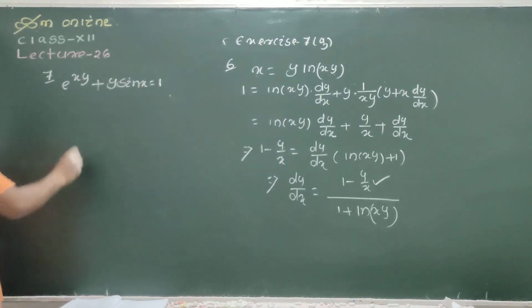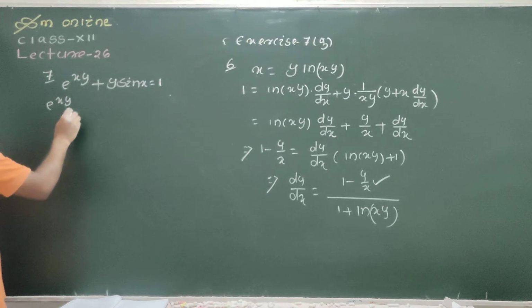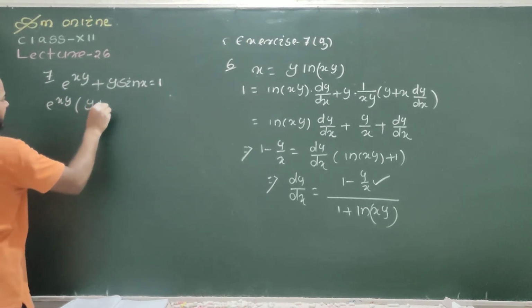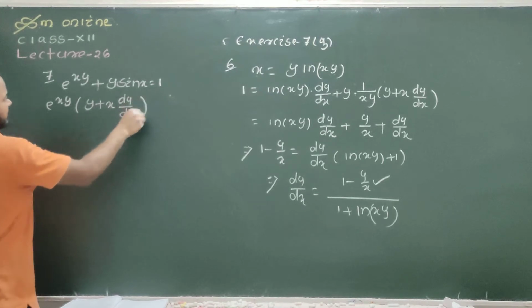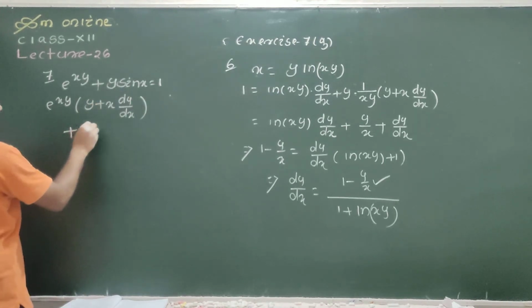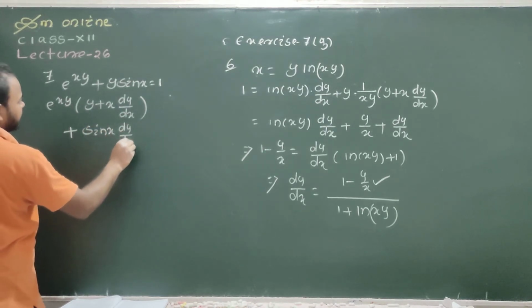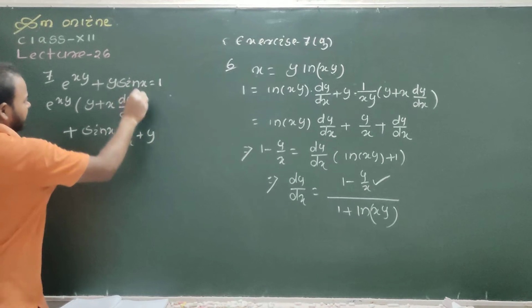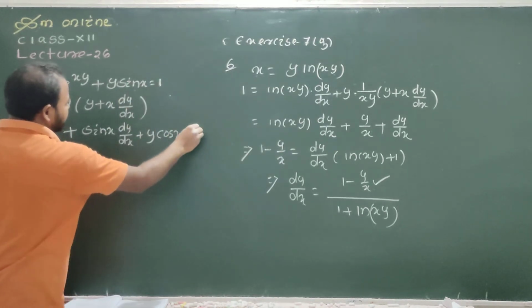Now differentiating both sides, we get e to the power xy into the derivative of xy, this is y plus x dy/dx, plus sin x into dy/dx plus y into the derivative of sin x, this is cos x, equal to the derivative of 1, this is 0.